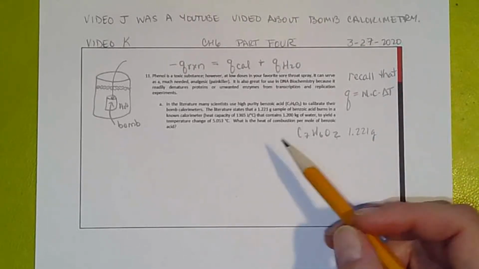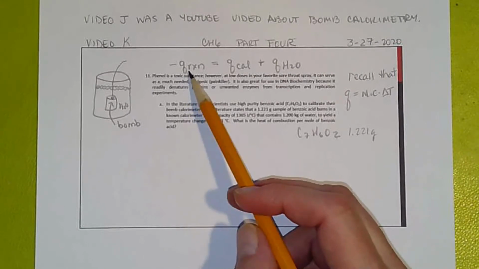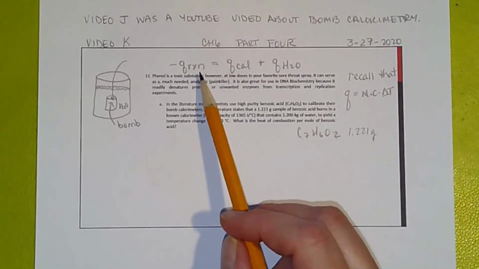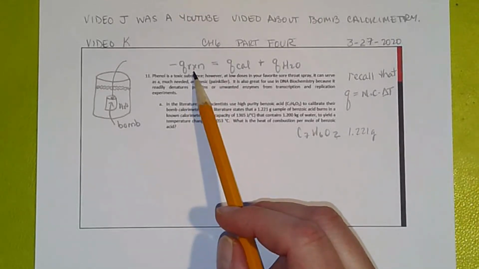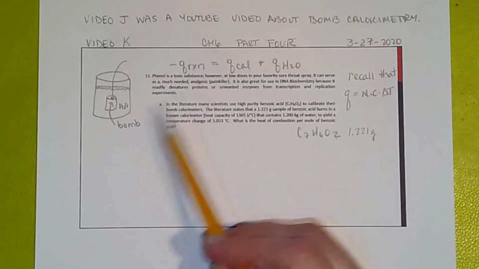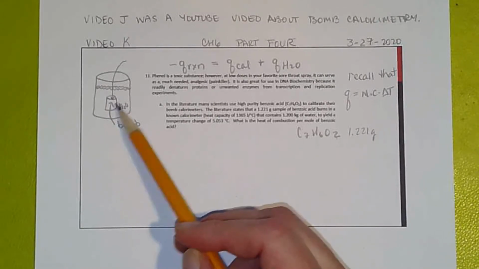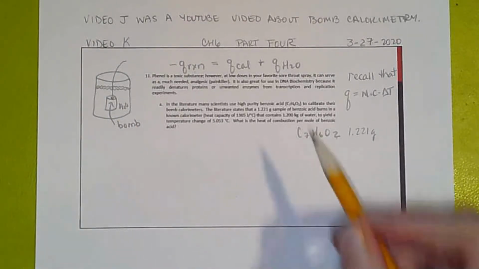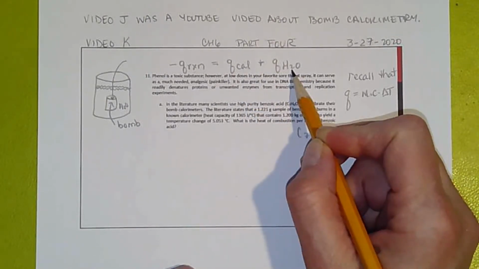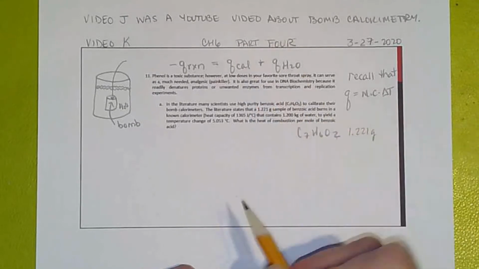So remember that with calorimetry, we often have heat leaving one place and going to another place. In this example, the heat from the reaction is the system. Because it's highly exothermic, heat is produced in the reaction, and so the reaction is going to give off heat, and that's coming from the bomb, and that heat is going to go, in this case, to two different places. It goes into your water, and it also goes into your calorimeter.